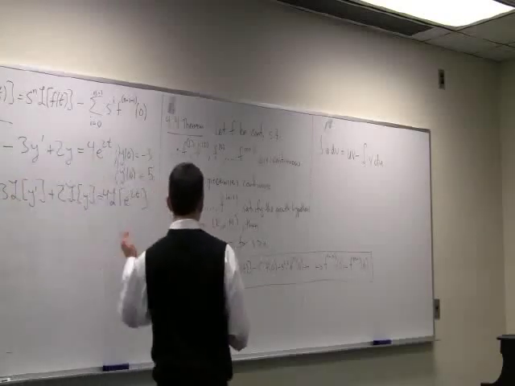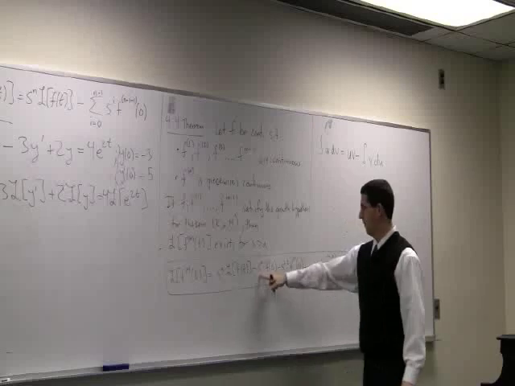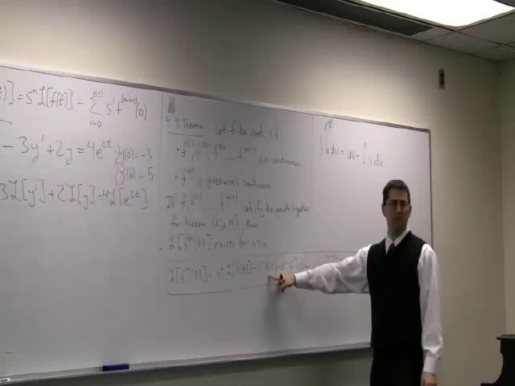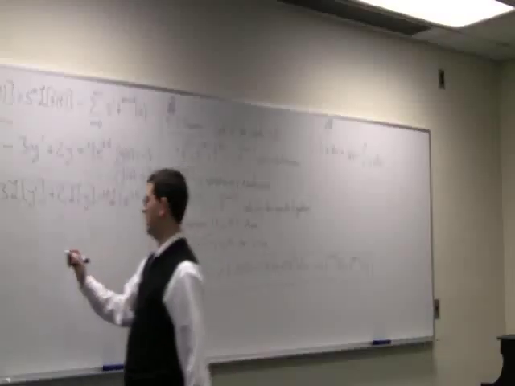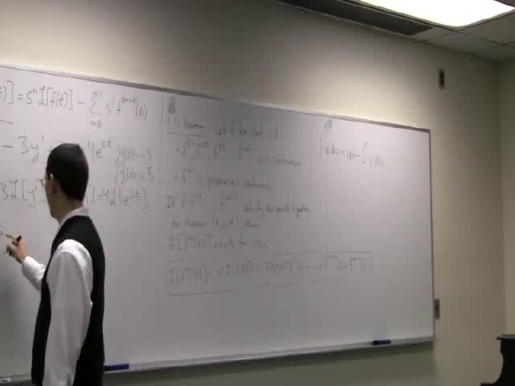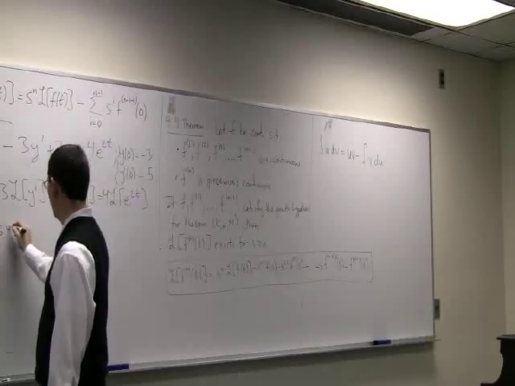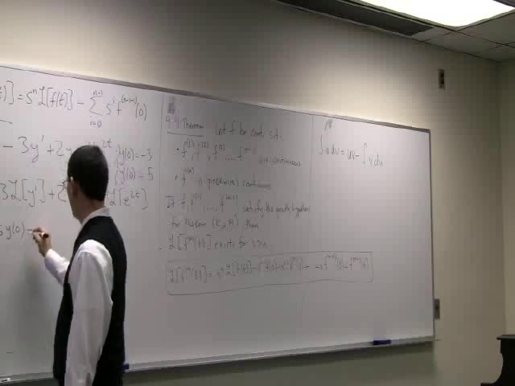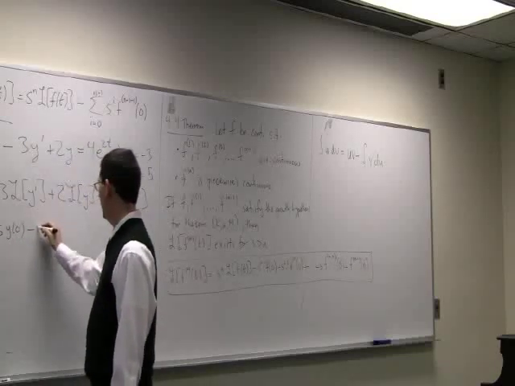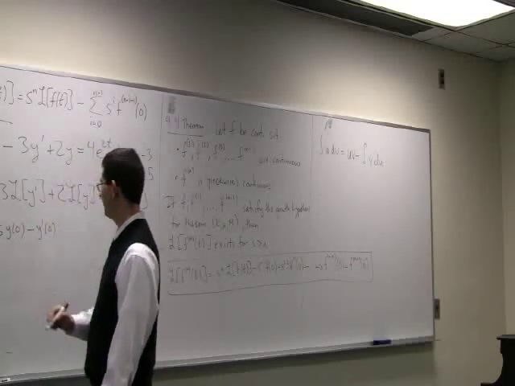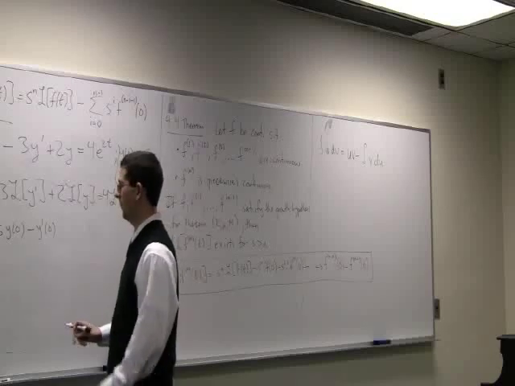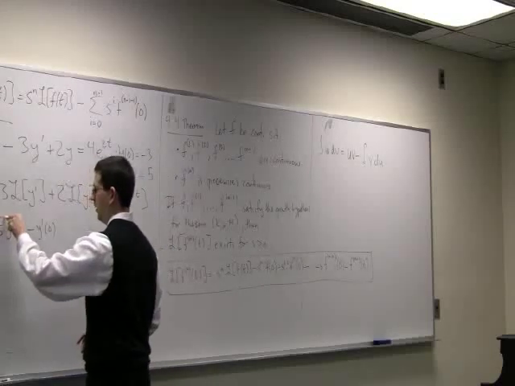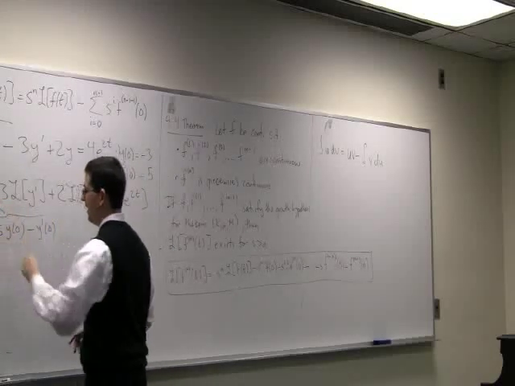And then you have to start subtracting off, right, s times these initial values. So we'll decrease the exponent of s by 1, so that'll be an s, and then we need y of 0. And then we decrease the exponent of s again and get y prime of 0. Okay, so this bit corresponded to that.